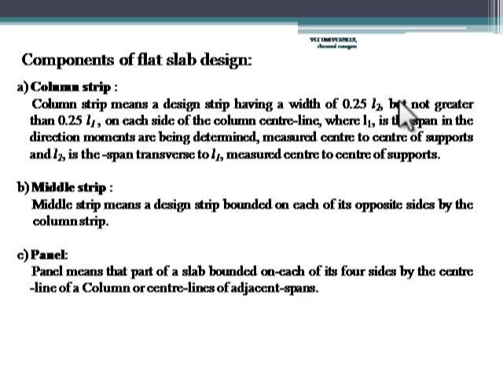Column strip means a design strip having a width of 0.25 L2 but not greater than 0.25 L1 on each side of the column center line, where L1 is the span in the direction in which moments are being determined, measured center to center of supports, and L2 is the span transverse to L1, measured center to center of the supports.